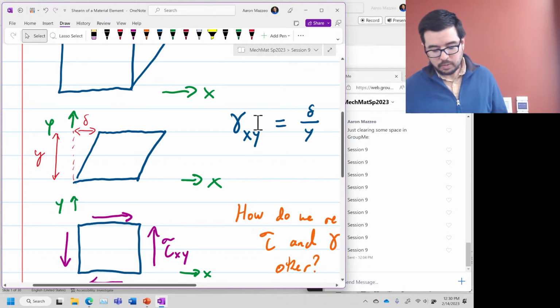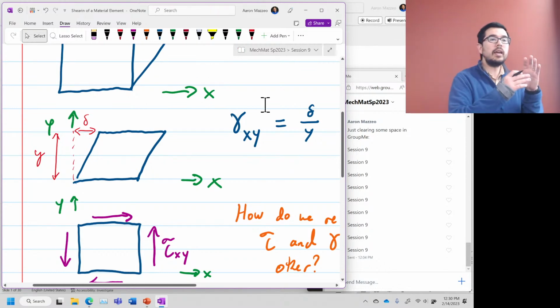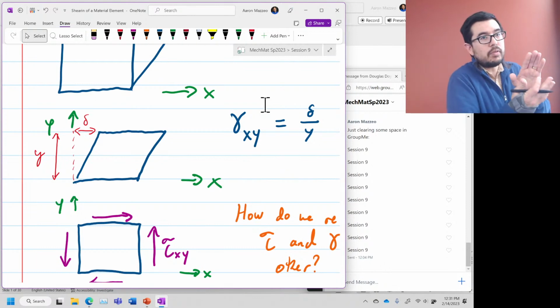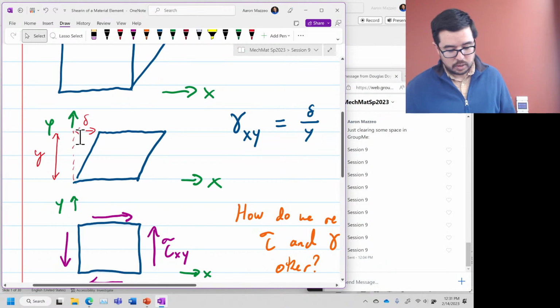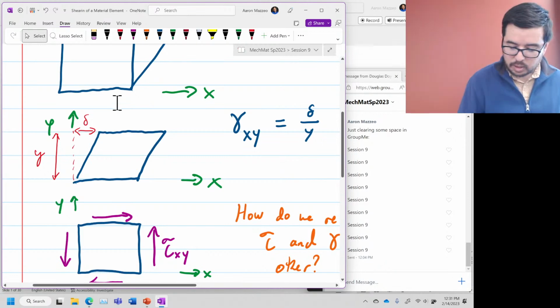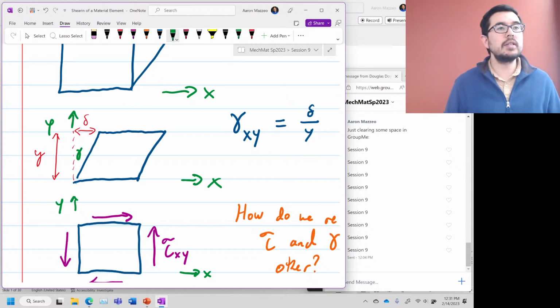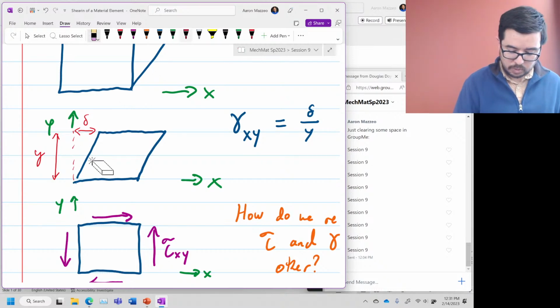This one right here. That's what you're asking about, right? Okay, this represents the angle in radians that you have of this shift. Okay, gamma, I should have written it in here, so fine. That angle in there is gamma.